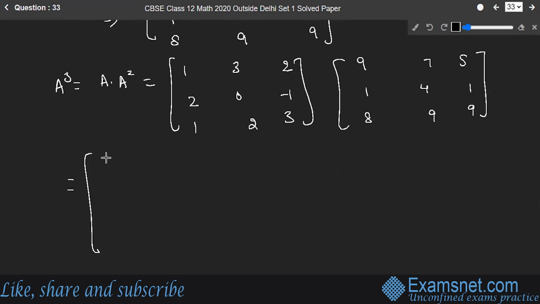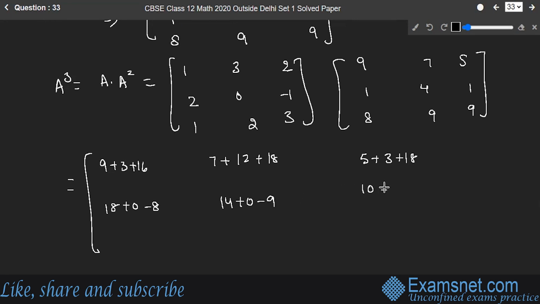This will be first row, first column, 9 plus 3 plus 16, 7 plus 12 plus 18, 5 plus 3 plus 18, 18 plus 0 minus 8, 14 plus 0 minus 9, 10 plus 0 minus 9, 9 plus 2 plus 24, and 7 plus 8 plus 27, 5 plus 2 plus 27.